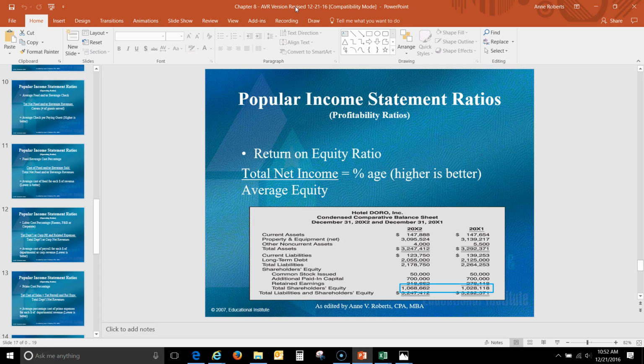How well are we providing a return for them? Because the higher that this ratio goes, it's an indication that we'll actually be able to pay dividends and get some return back to the stockholders. Okay? So in this case, it's a percentage, so higher is better. The more net income that we produce per dollar of equity, the better.